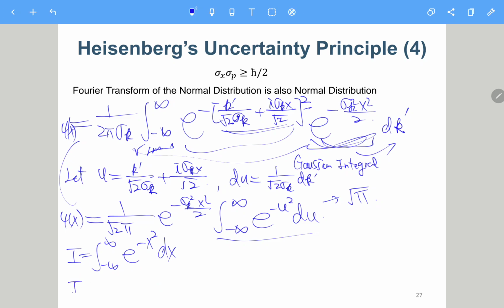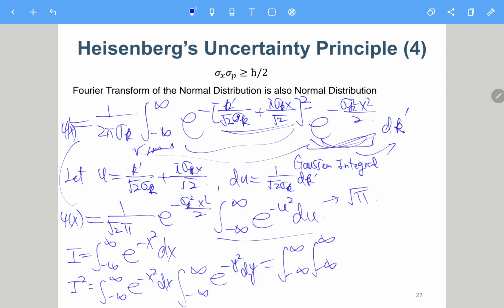Then you can calculate I squared equals the integration from negative infinity to infinity of exponential to negative x squared dx, multiplied by the integration over the same boundary of exponential to negative y squared dy, and then we can merge these two together. So we have negative infinity to infinity, negative infinity to infinity, and then exponential to negative (x squared plus y squared) dx dy.